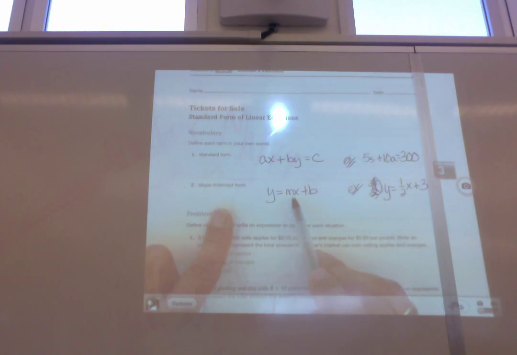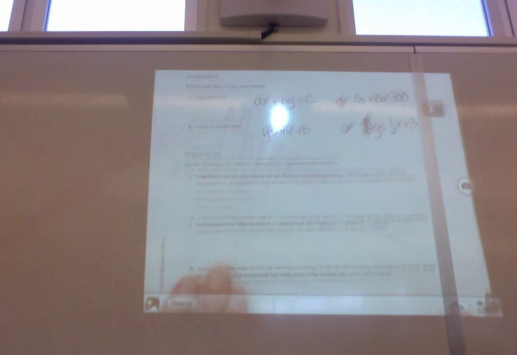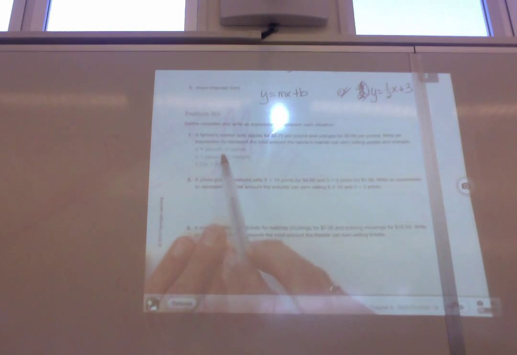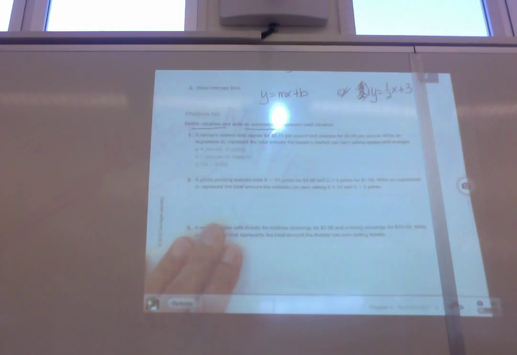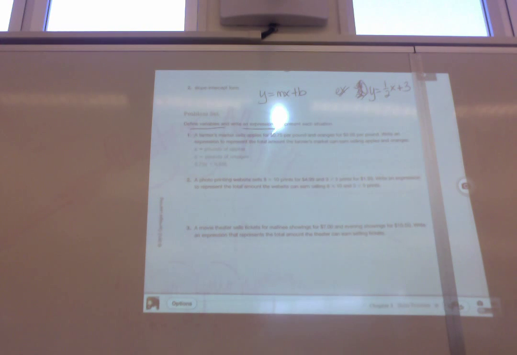So the m and the b are numbers that get plopped in. A, b, and c are numbers that get plopped in. Number 2, down at the bottom. They tell you what to do in number 1. We're defining variables and writing an expression. 2 things.